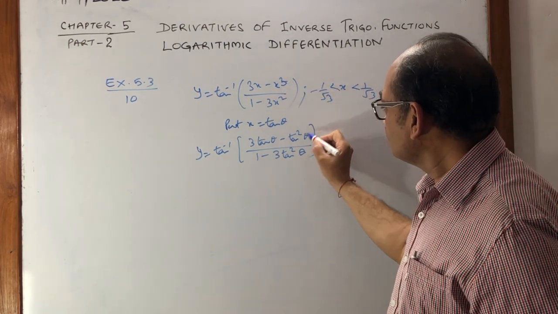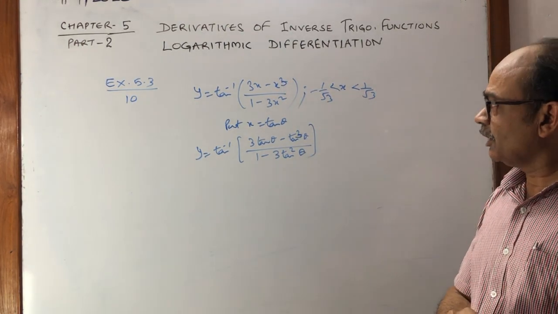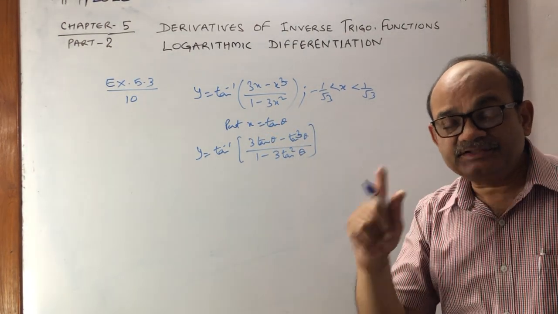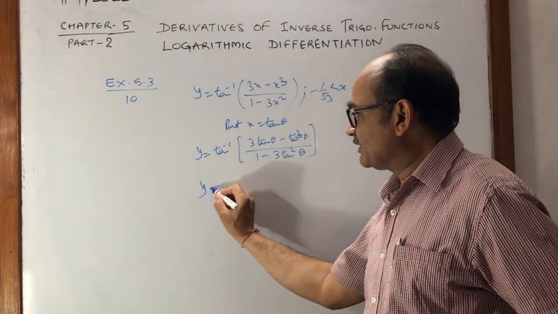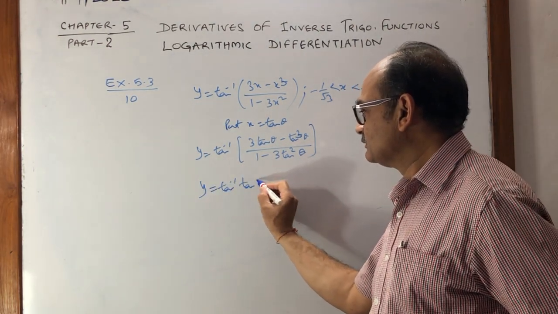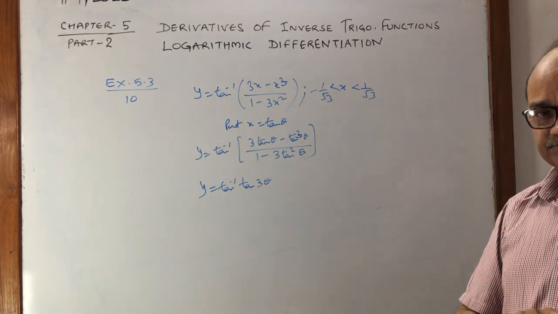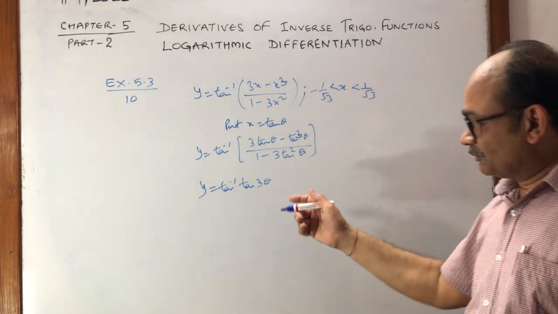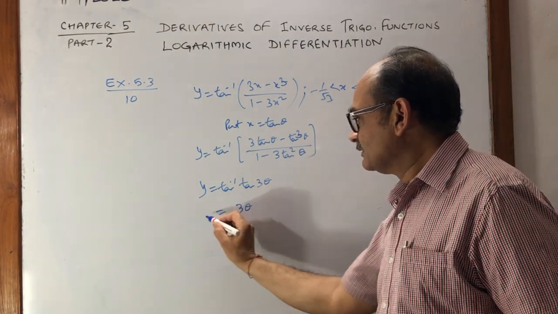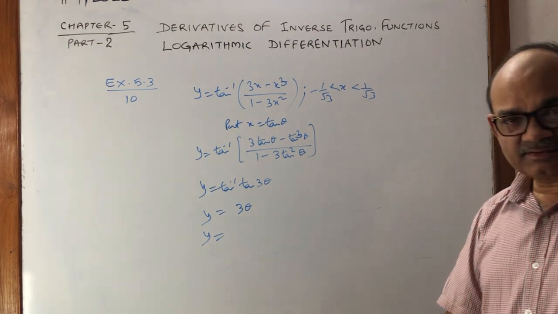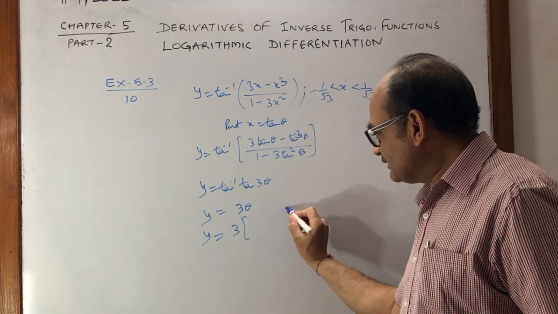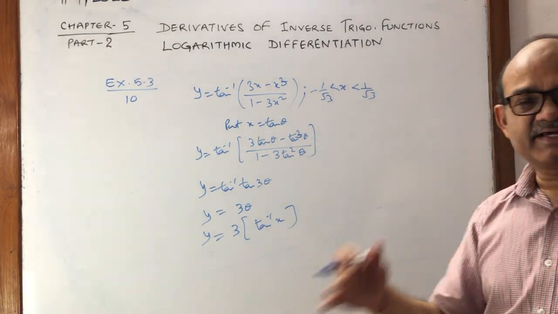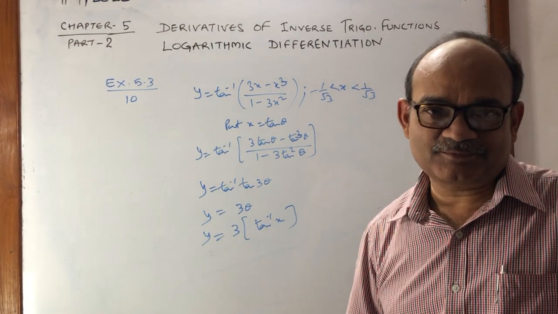This is the class 11 formula for tan 3 theta. So simply we can write tan inverse tan 3 theta. This 3 theta is lying in the proper range, so these two neutralize, y equals 3 theta. So 3 is as it is, and what is theta? Tan inverse x.